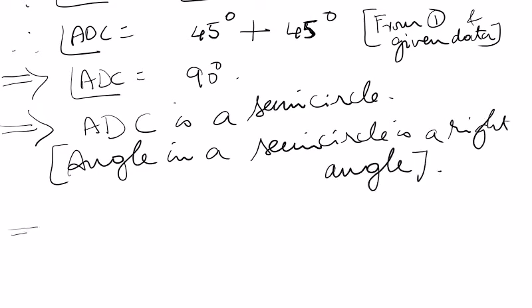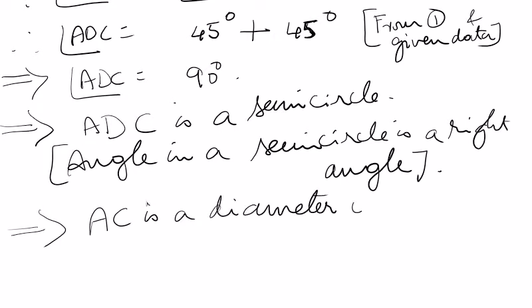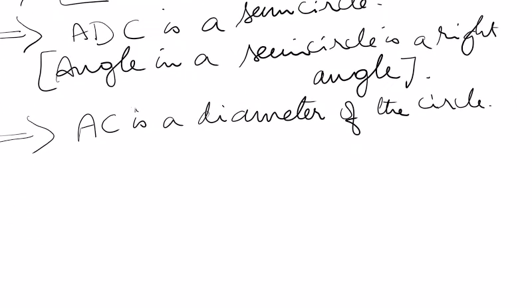So this implies that AC is a diameter of the circle, right? Next, AC is the diameter of the circle.